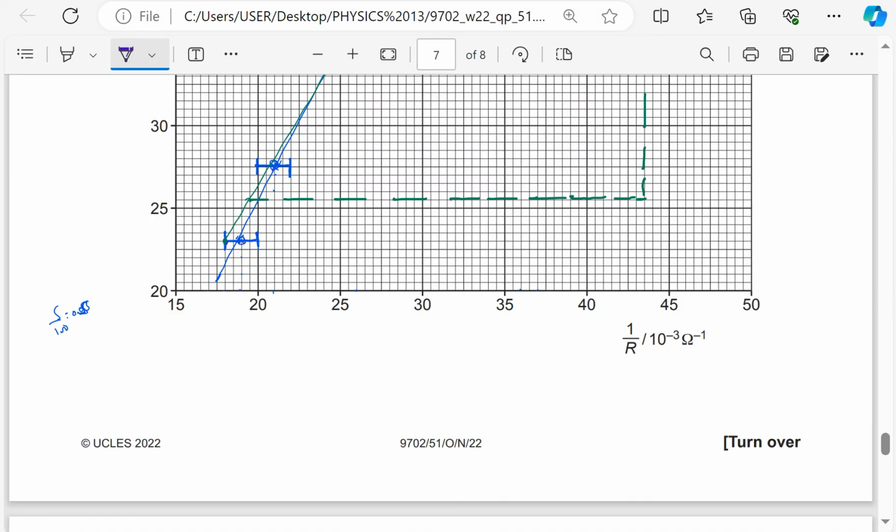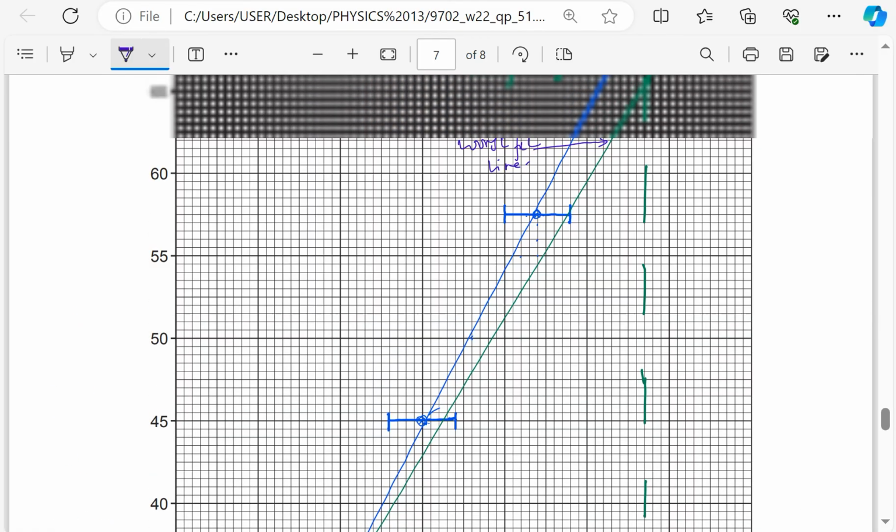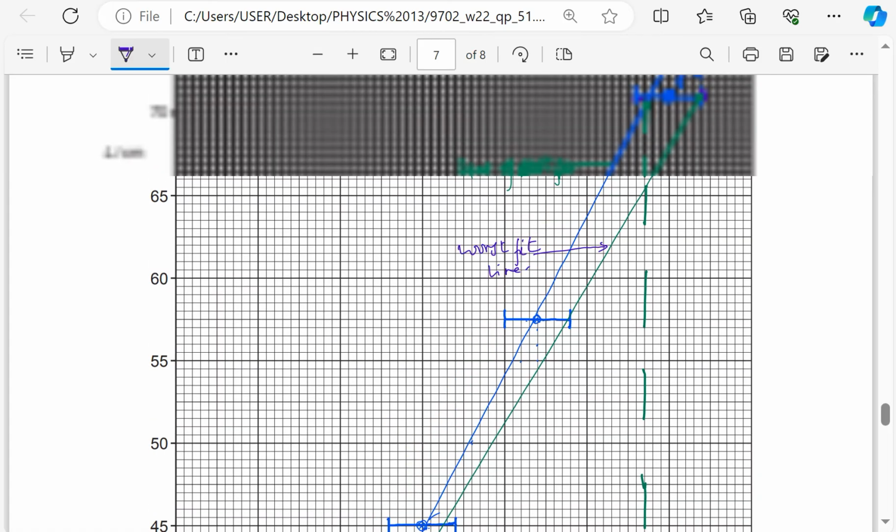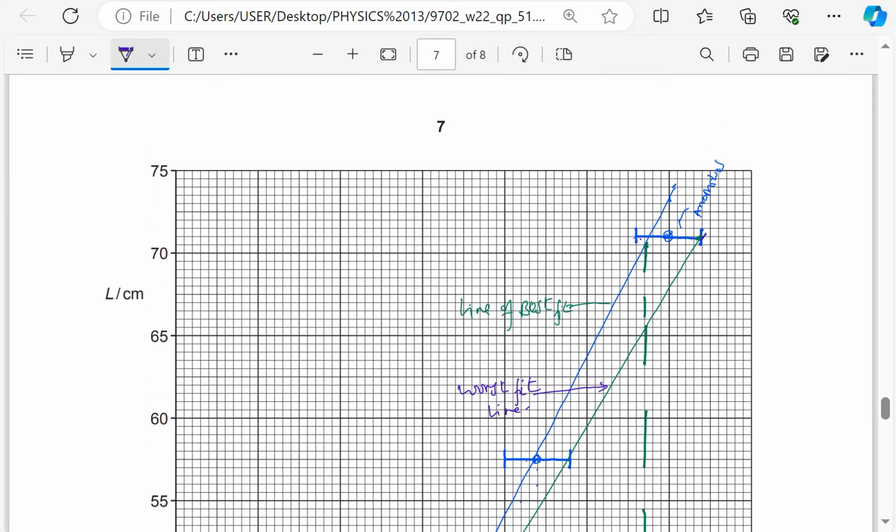So for x2, for the best fit, I'll read them from the graph. I will just first write them on paper. So for the best fit, my y2 is going to be this point here, which is 70.5.